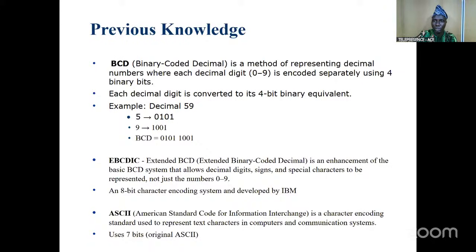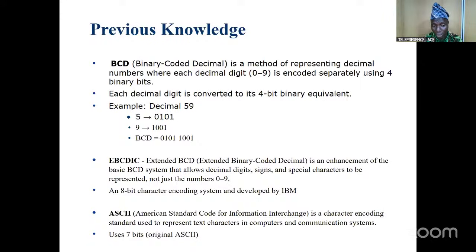While waiting for the question, I have mentioned the students are expected to be able to explain binary coded decimal, extended binary coded decimal, the American Standard Code for Information Interchange, and how it is being used.